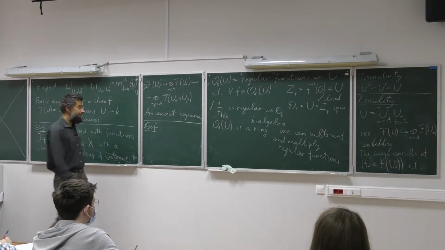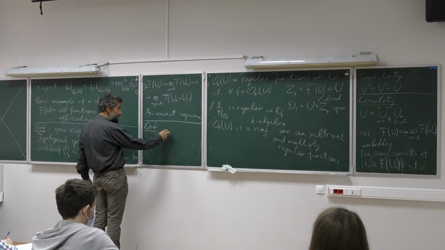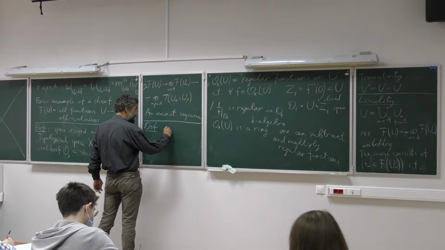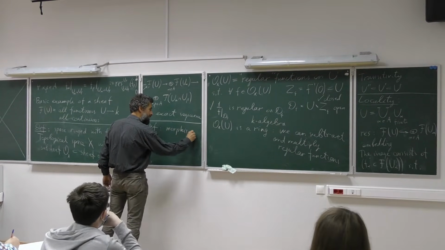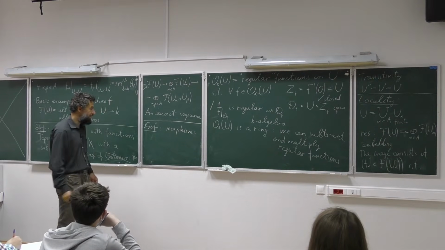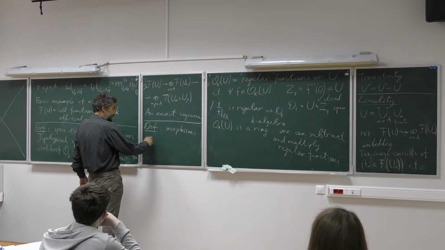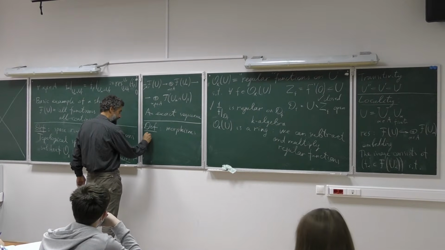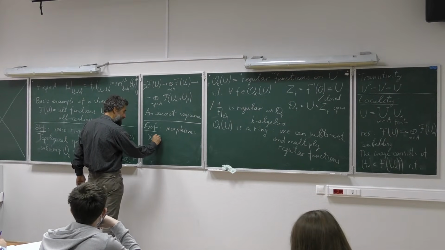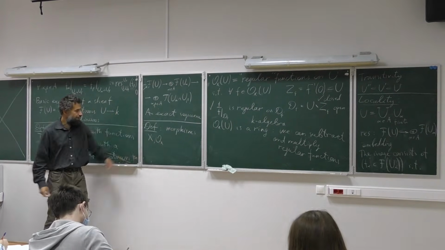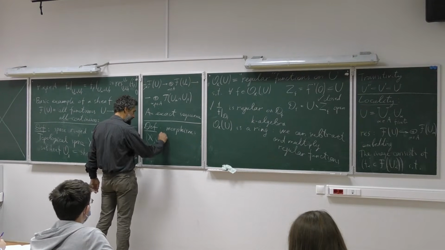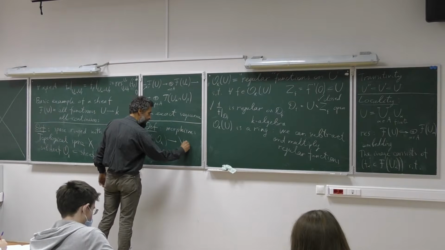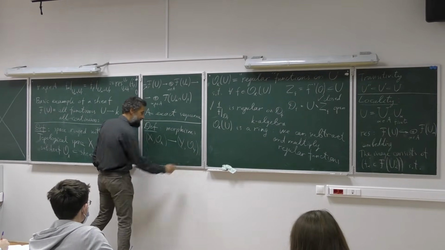Okay, so the next definition is about morphisms between ringed spaces. So we have one ringed space X with its ring of regular functions, and another space Y with its ring of regular functions.